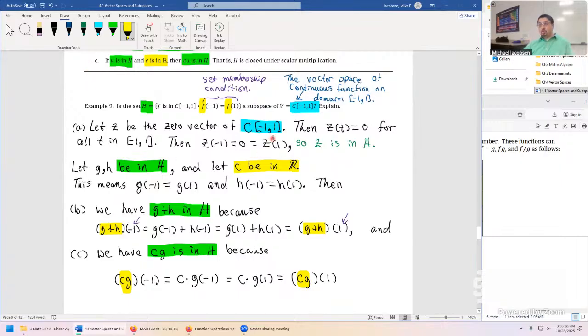We have the zero vector, closure under vector addition, scalar multiplication we just showed. And so we're done. This shows, therefore, H is a subspace of C, -1, +1. The subspace has a lot of different names because it's been studied so extensively.